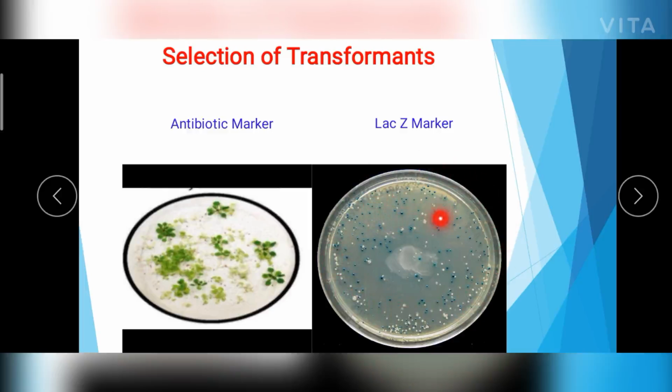You will see two types of colonies, blue colored colonies and white colored colonies. If the foreign gene is inserted in a portion other than the LacZ marker, then you will see blue colonies as the transformed cells, whereas the white colonies represent the non-transformed cells. Just by the visual appearance, you will be able to select the transformed cells by plating using antibiotic and substrate.